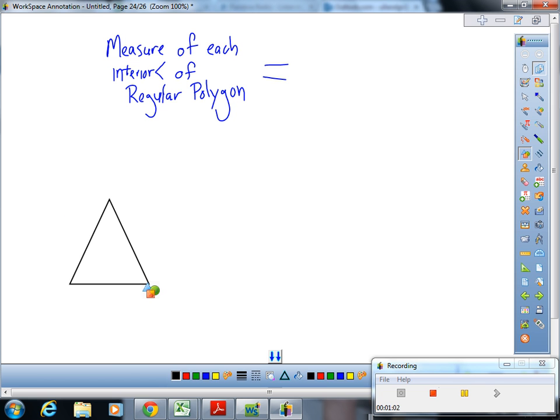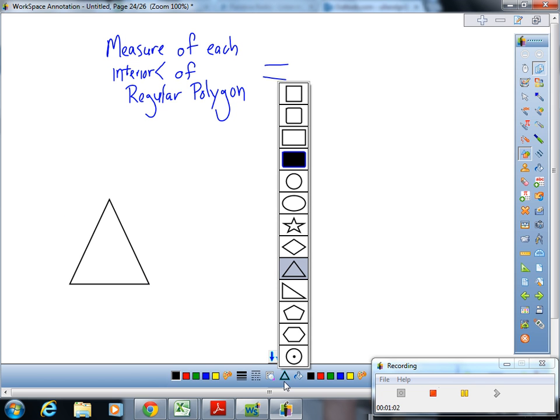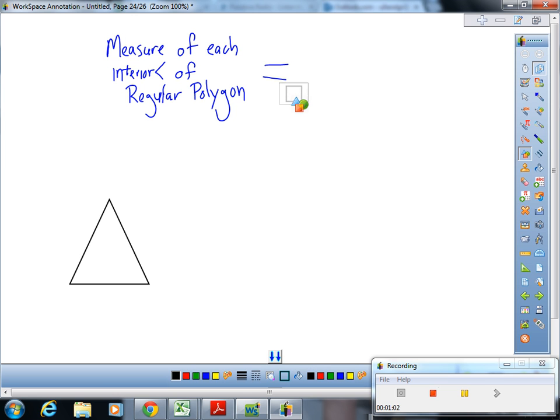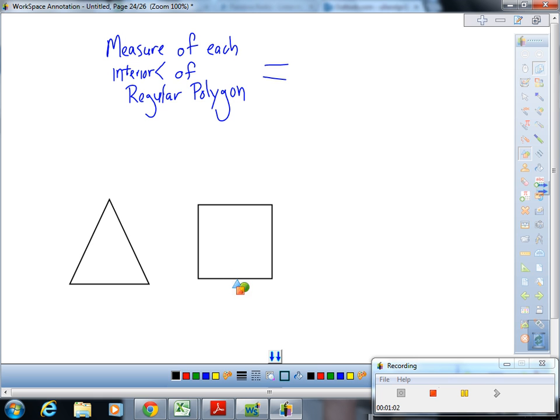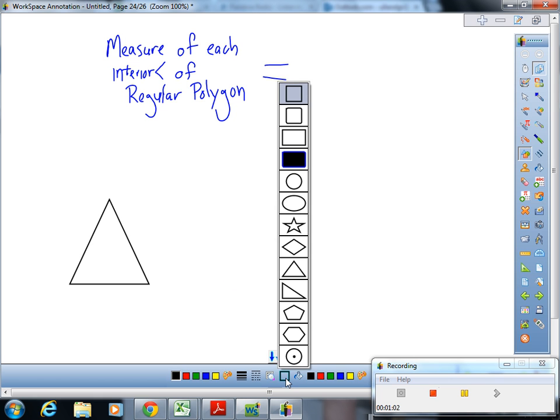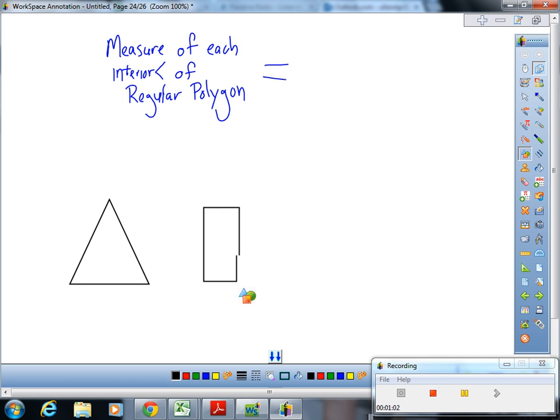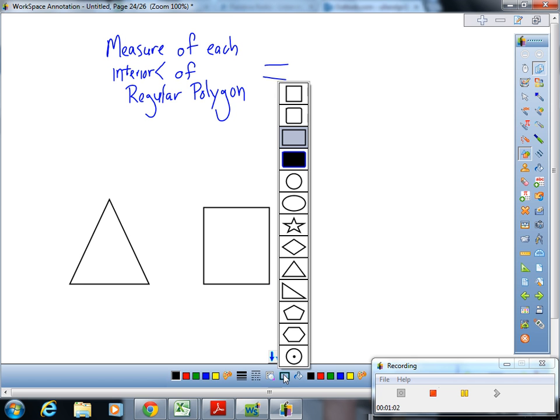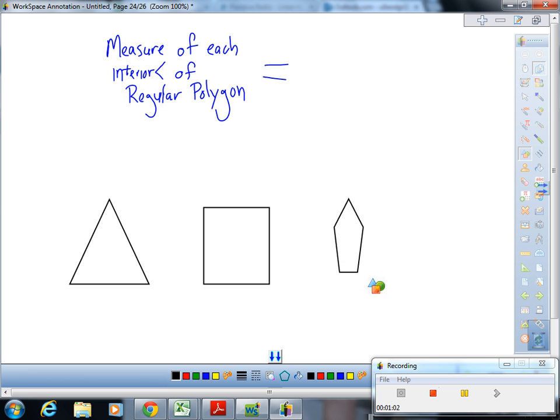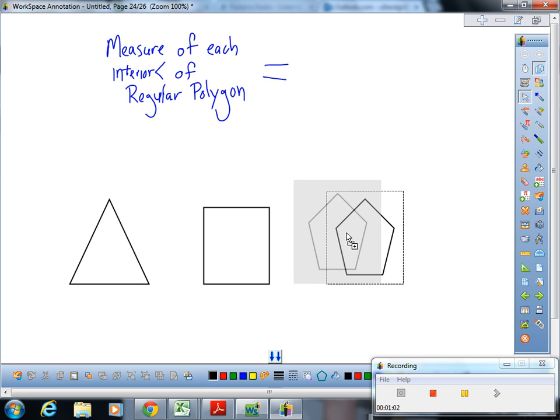So once again, here's a regular triangle, a regular quadrilateral. Let's redo that. A regular quadrilateral called a square. A regular pentagon.